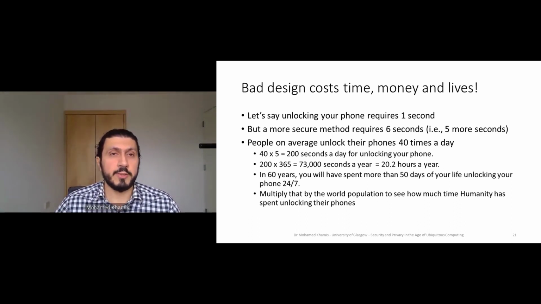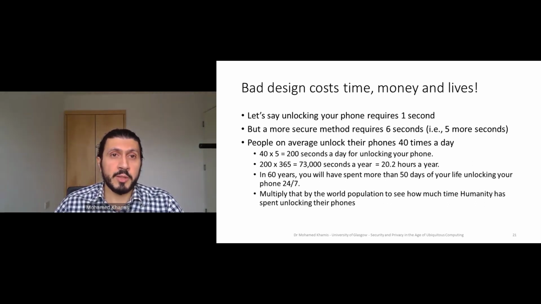So that's 5 more seconds, right? Now, people on average unlock their phones 40 times a day. There have been studies about this, and that's an average number of times people unlock their phones every day. So by introducing a method that requires 5 additional seconds, you're adding 200 seconds a day for each of the people using their phones.